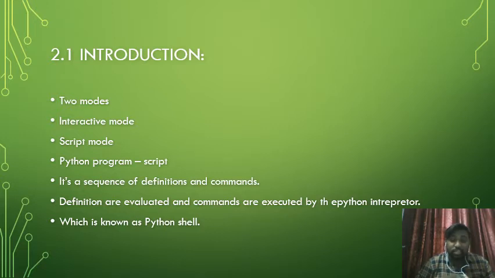If there is an error in the first line, it will not move on to the next line. It checks one by one. If there is no error, it moves on to the next line. At last we get the output screen. This is known as the Python shell. Those things we studied in the previous chapter.